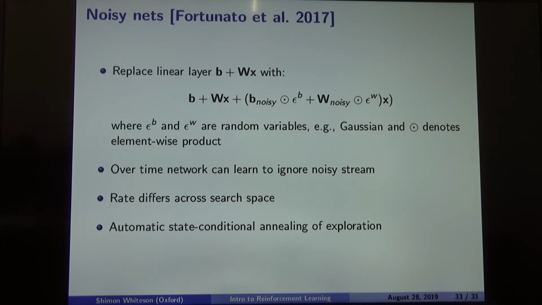But learning to ignore the noise takes time, and until it's had a chance to do so, it will continue to explore those states. So we can think of noisy nets as an automatic way of having a state-conditional annealing of the exploration.